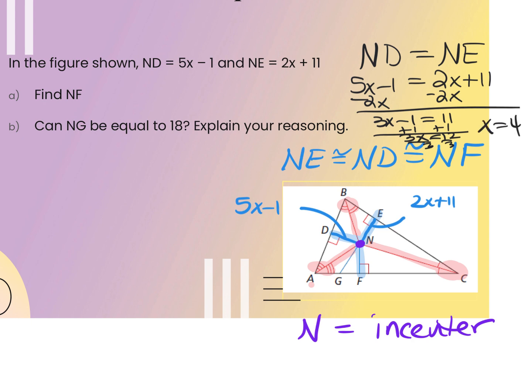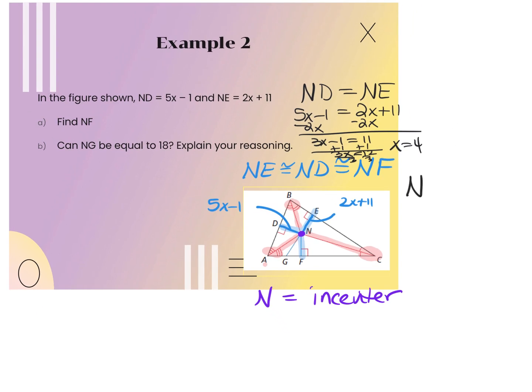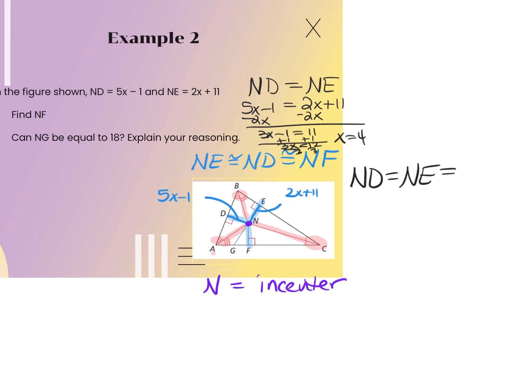Now, it didn't ask for x. It wants the length of NF. So remember, ND equals NE, which equals NF. So it doesn't matter if I plug in 4 into ND, which is the 5x minus 1, or into NE, which is the 2x plus 11.